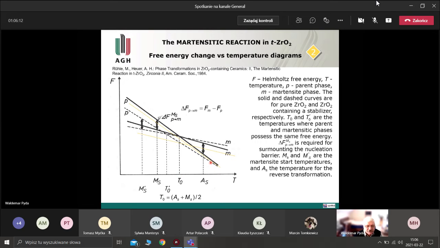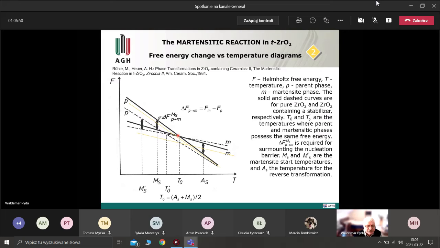We cool this phase, and after passing the T0 temperature, how to name the state of the tetragonal phase at the temperature range from T0 to MS?